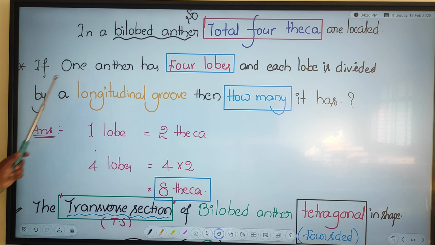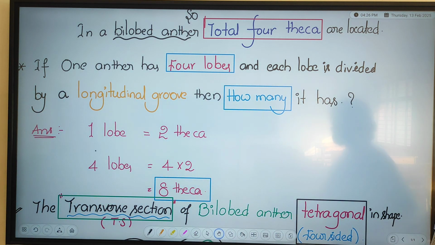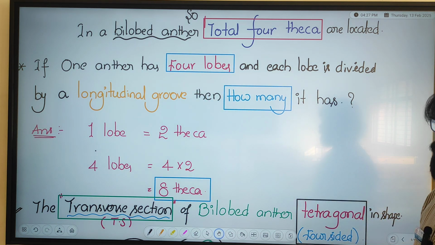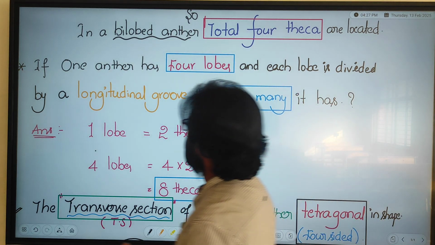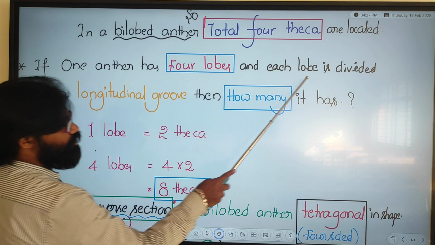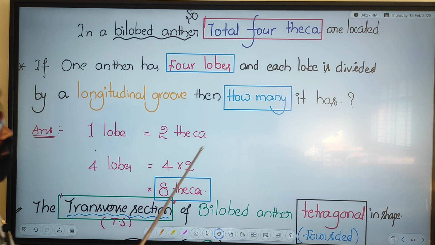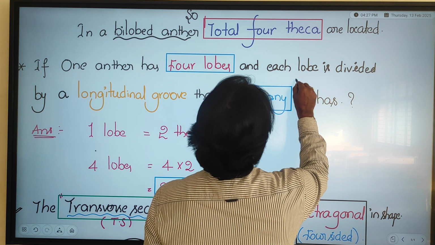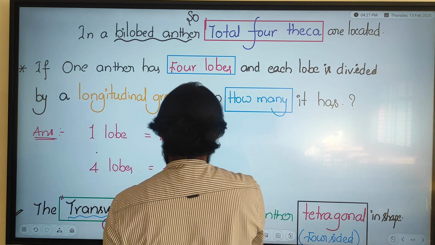Now, this is an application question based on the previous statement. If one anther has 4 lobes, previously only 2 lobes were studied, now I am talking about 4 lobes, and each lobe is divided by a longitudinal groove, then how many theca are present in it?